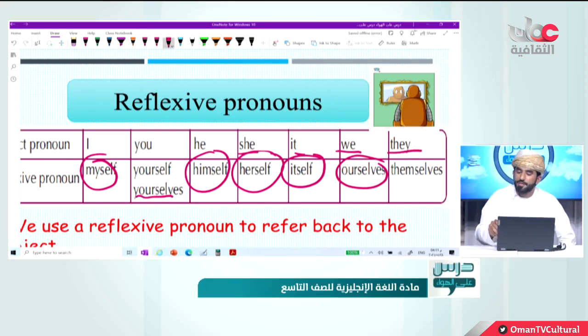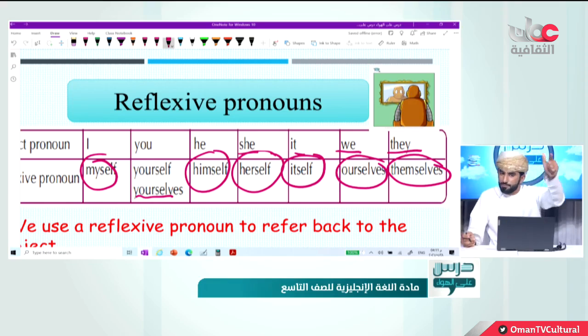They, themselves. Again, the reflexive pronoun of I is myself. Repeat after me. The reflexive pronoun of you, yourselves. He, himself. She, herself. It, itself. We, ourselves. They, themselves. Excellent.